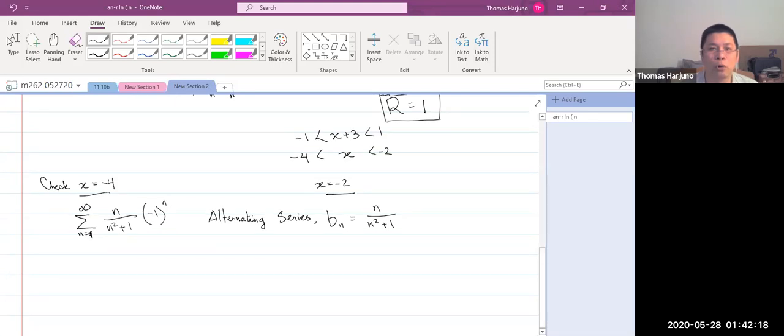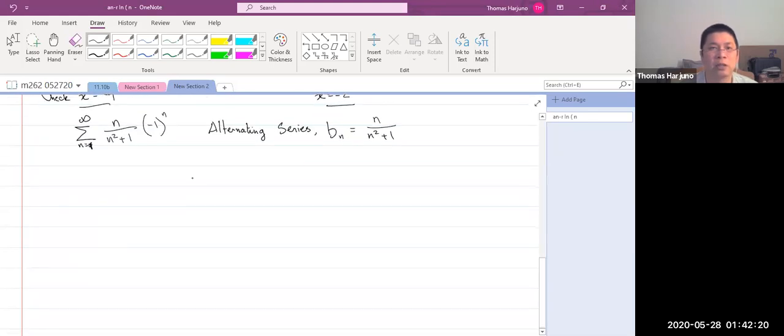I need to show that this is decreasing, and later on I need to show that the limit is 0.